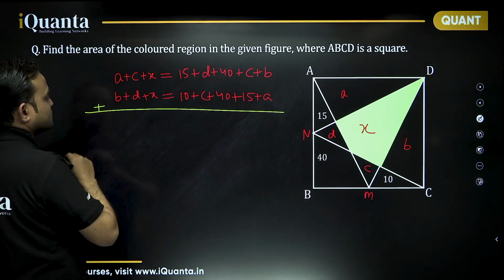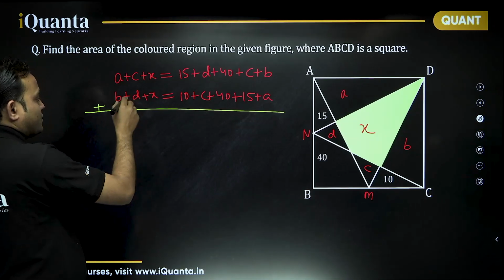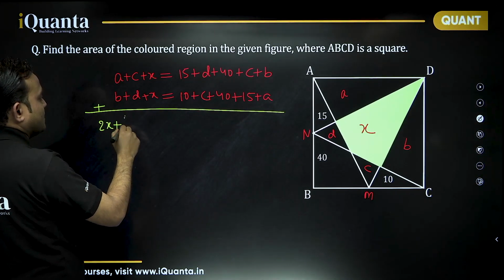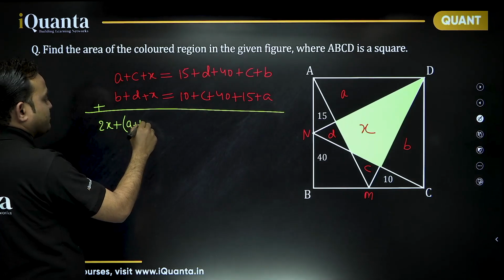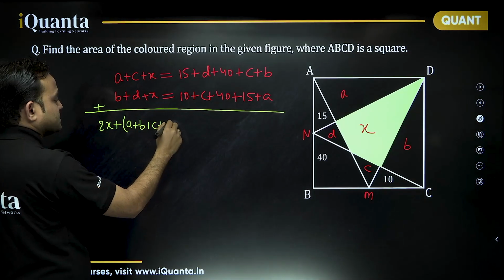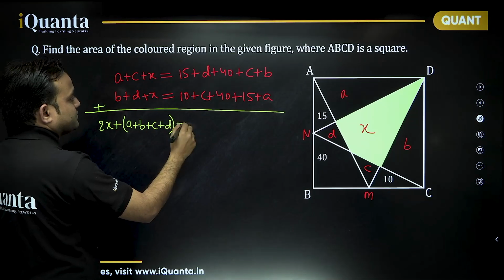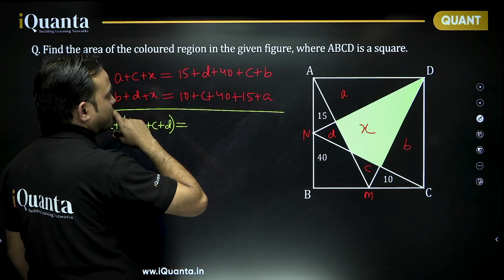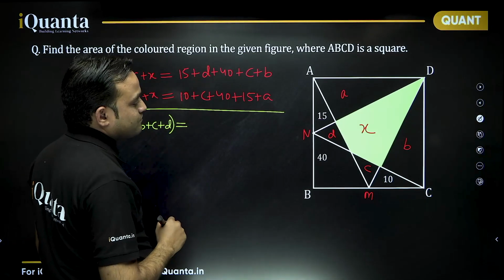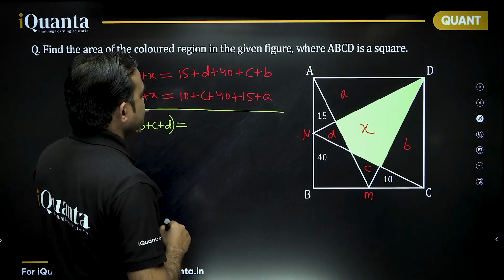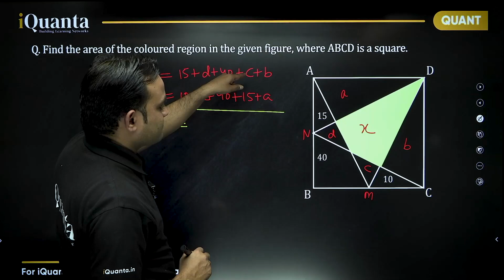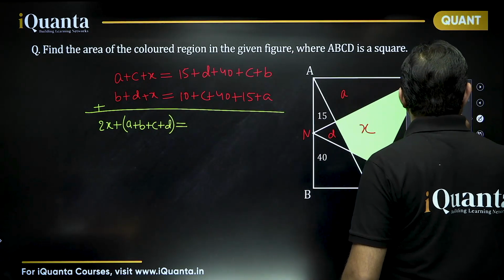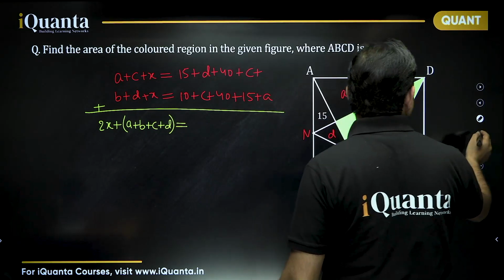If you add these two, this will become 2x plus A plus B plus C plus D, which will be equal to, now we have 10, 40, in that case 15, 40, 10. I missed this here, it should be C plus 10 here. So this will be 10.